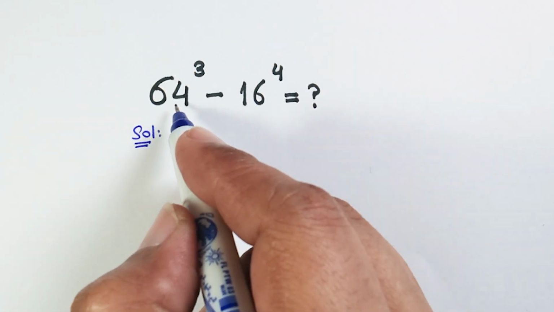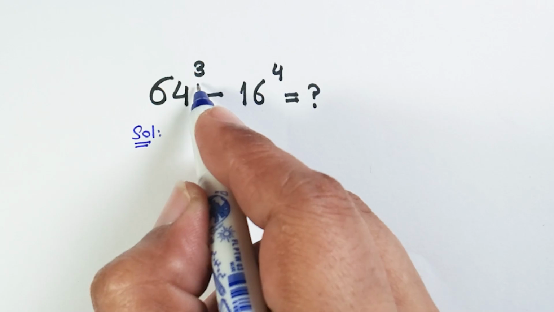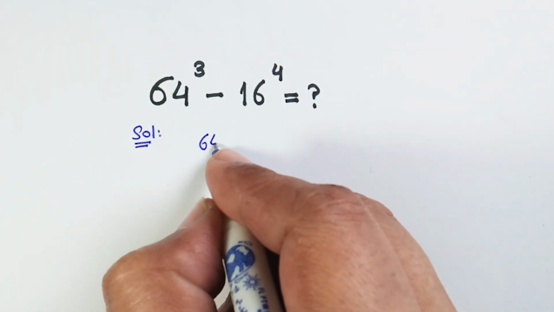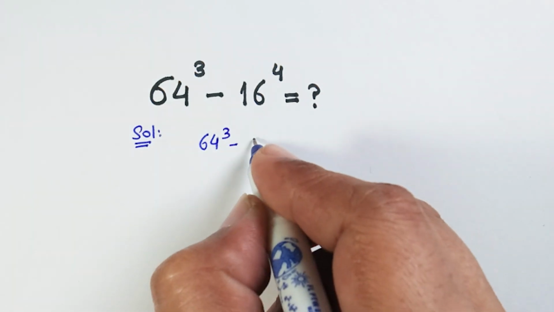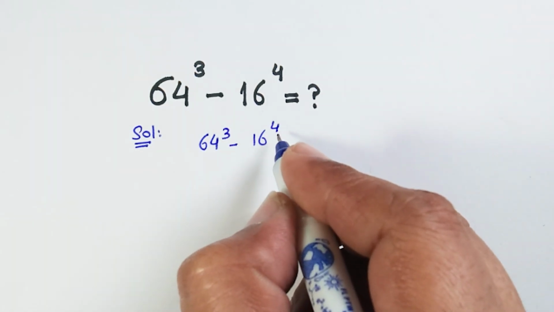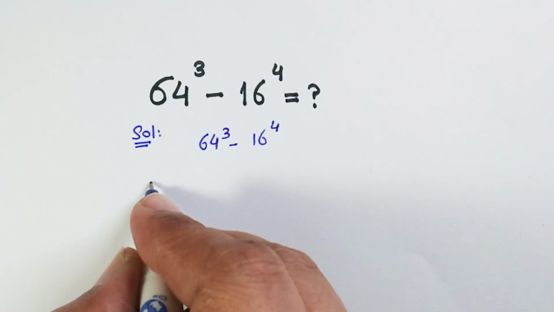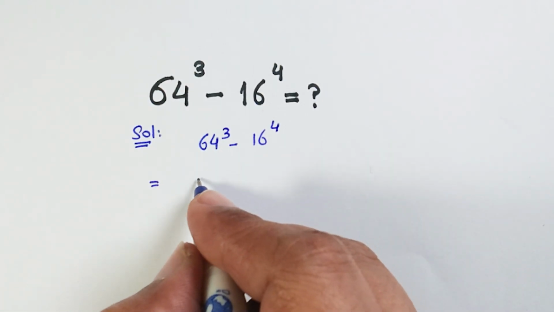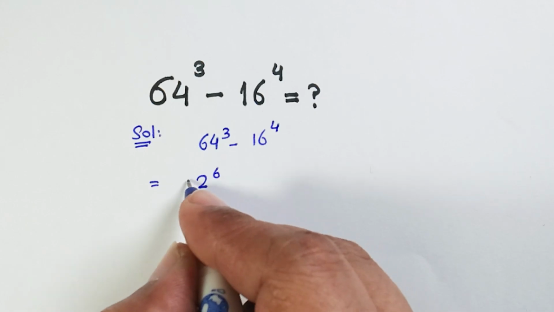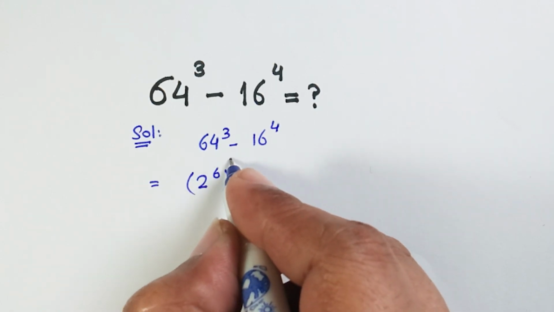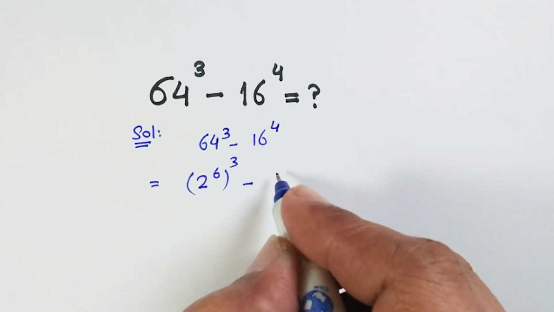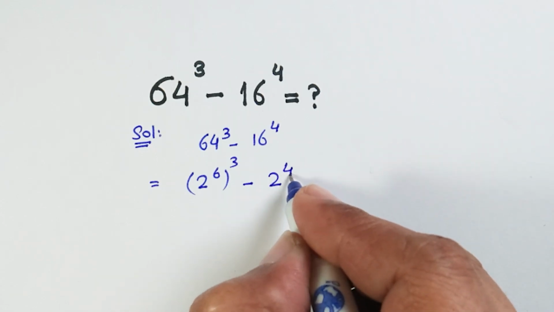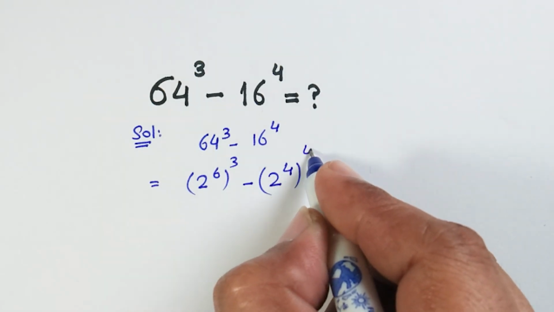So our problem is 64 to the power 3 minus 16 to the power 4. So we can write 64 as 2 to the power 6, with the power 3, minus 2 to the power 4, with the power 4.